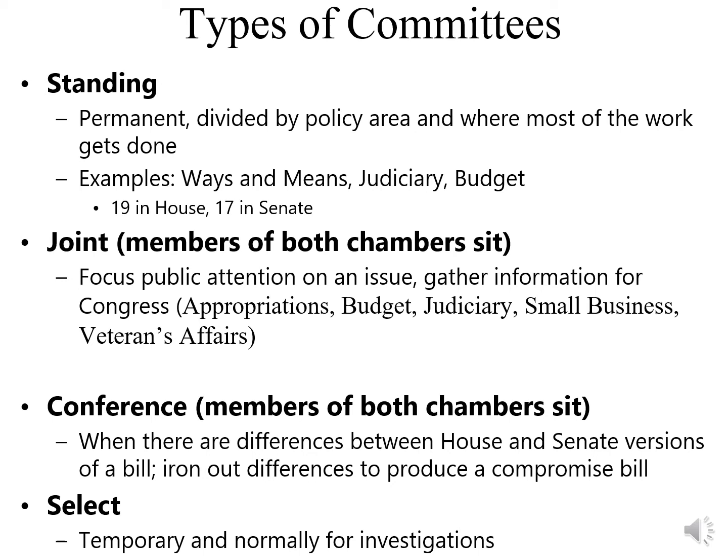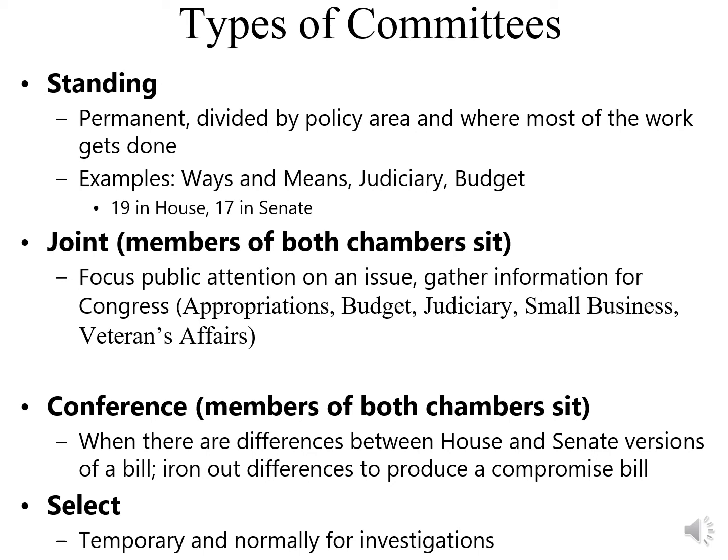That's what they're doing. And then there's one bill that they both vote on again, and if they both pass it, then it goes to the president. And then we have select committees.